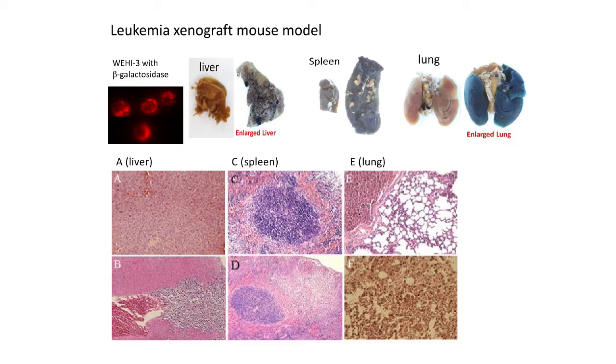Here is the recent data. So after 3 weeks injection of the leukemia cell, here show only the representative organ, liver, spleen, lung. The blue color.